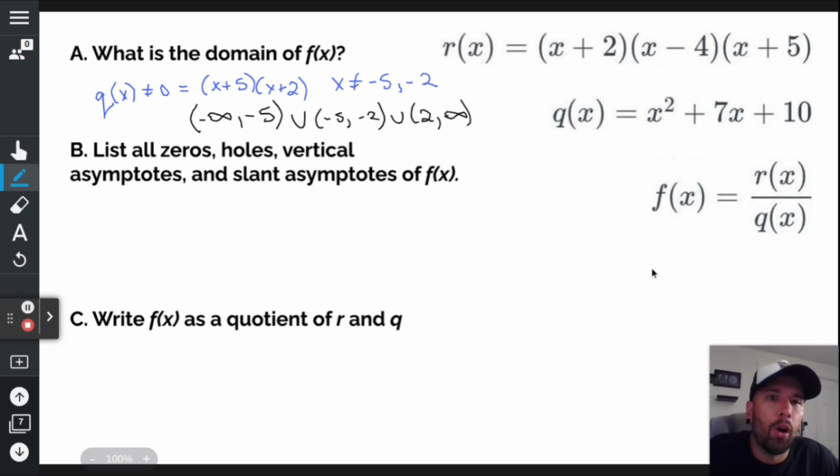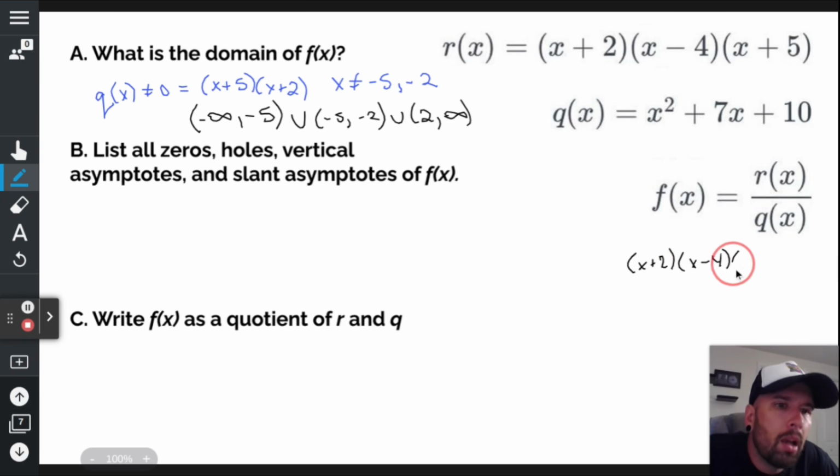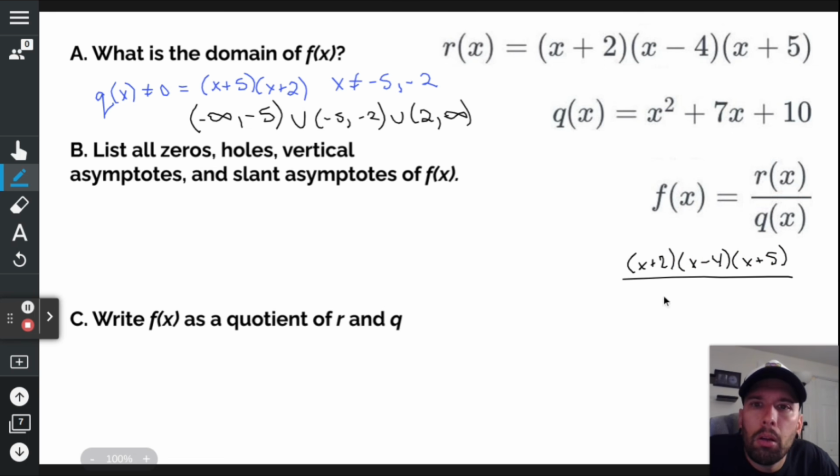Okay, now that I have it all factored out: x plus 2, x minus 4, x plus 5 over x plus 5, x plus 2.